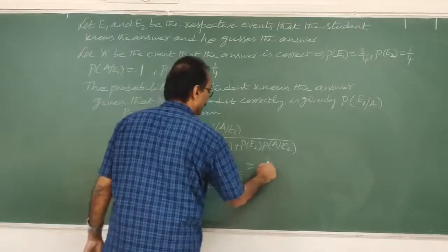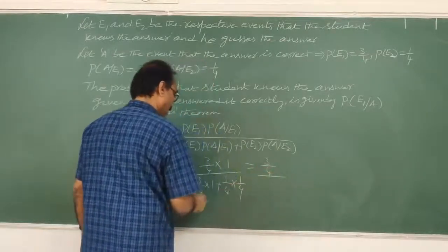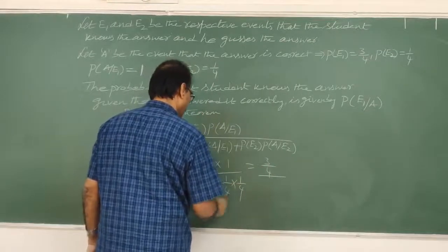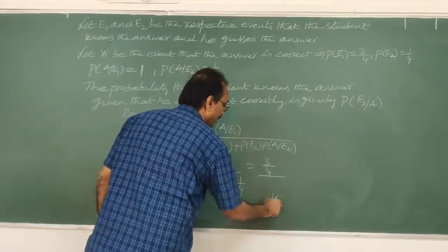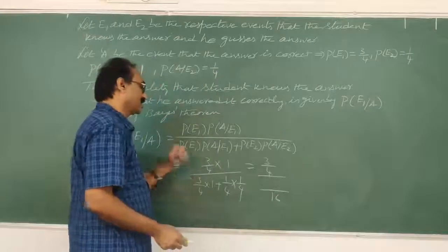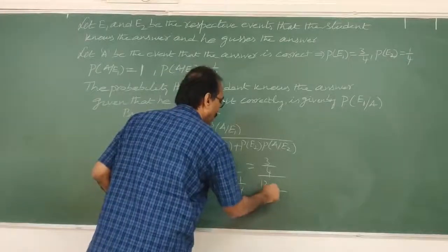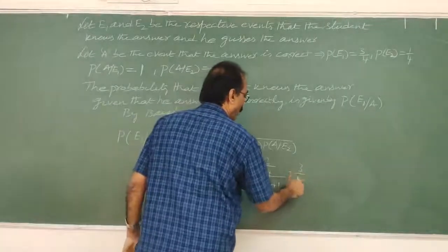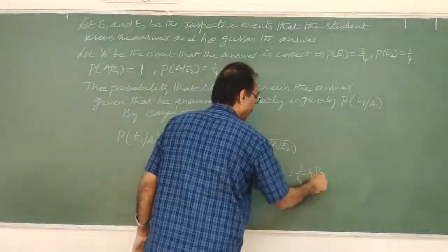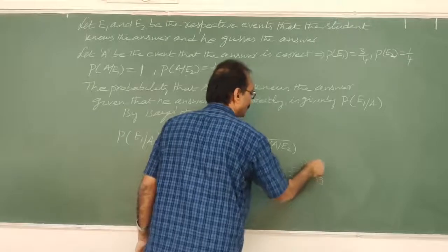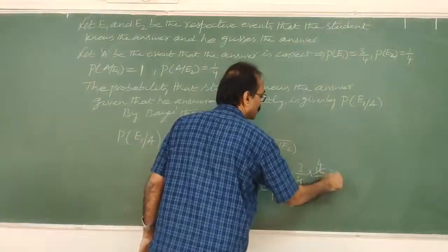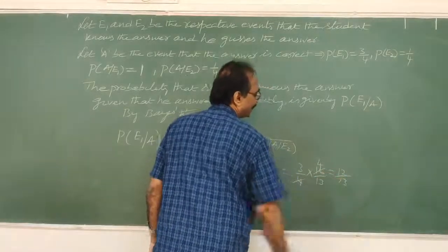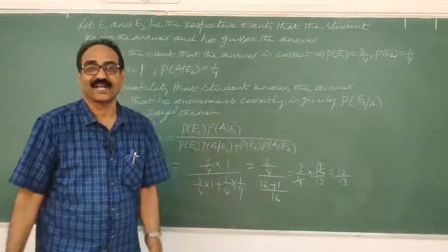This is 3 by 4 over, LCM 16, 4 goes in 16 4 times, 4 3s are 12, plus 1. So 3 by 4 into 16 by 13, 4 goes in 16 4 times, 4 3s are 12, 12 by 13.